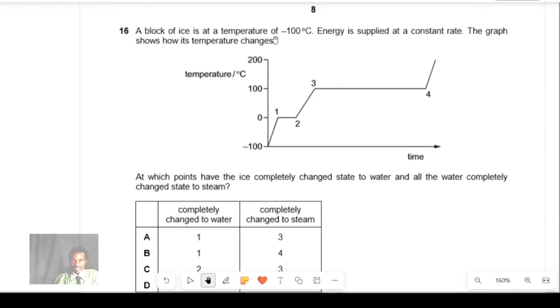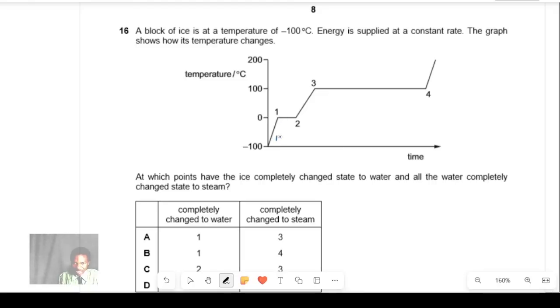A block of ice is at a temperature of negative 100 degrees Celsius. Energy is supplied at a constant rate. The graph shows how the temperature varies. If you look at this, you will observe that here latent heat is absorbed to convert.